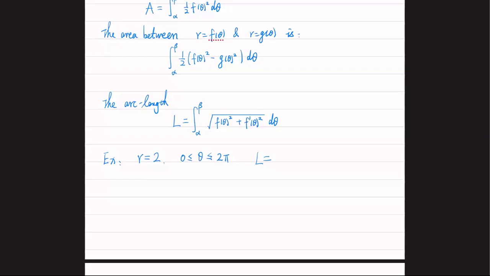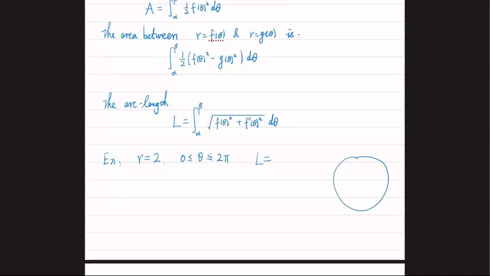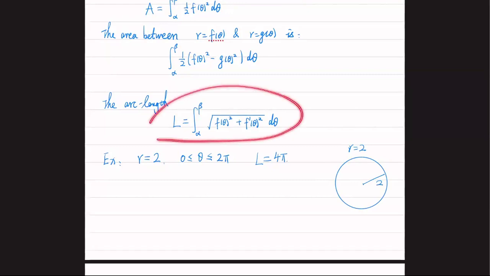Now that's not the formula yet. We have a circle of radius 2. What's the perimeter? Okay, 4 pi. Now we are going to check if our formula recovers this value.